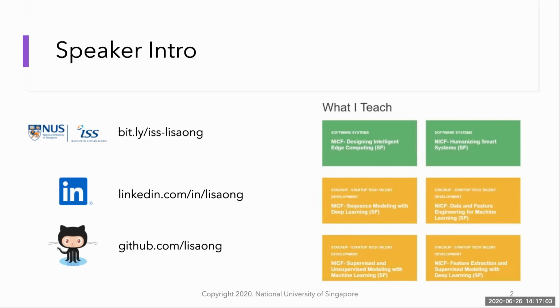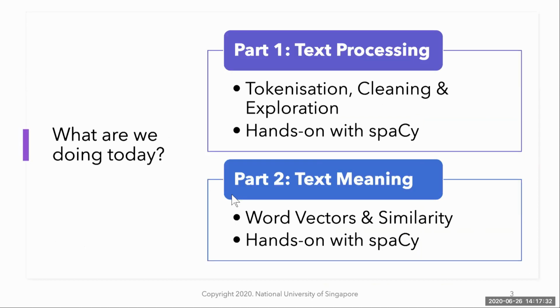Since I joined NUS ISS, I've been teaching mostly in Python. We use all the Python libraries to solve problems and teach people how to approach different problems. I teach that in a series of 4 courses, which will have details later. It starts you off with data and feature engineering, then you do supervised and unsupervised learning and go into deep learning. Okay, so enough about me.